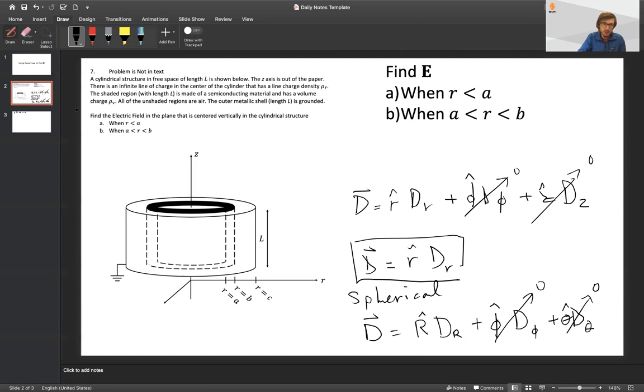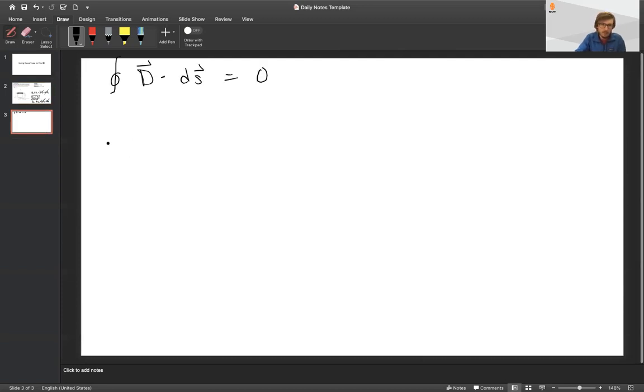In the video in class, we saw that if we take this and substitute in what we determined, we will get Dr r hat as our electric flux density, and then we need to dot this with some dS.